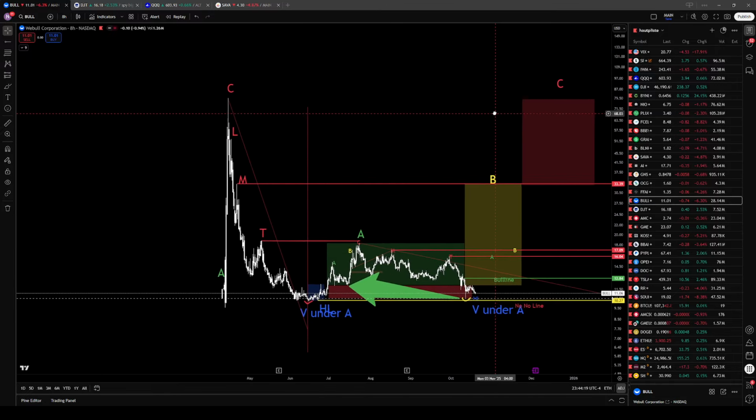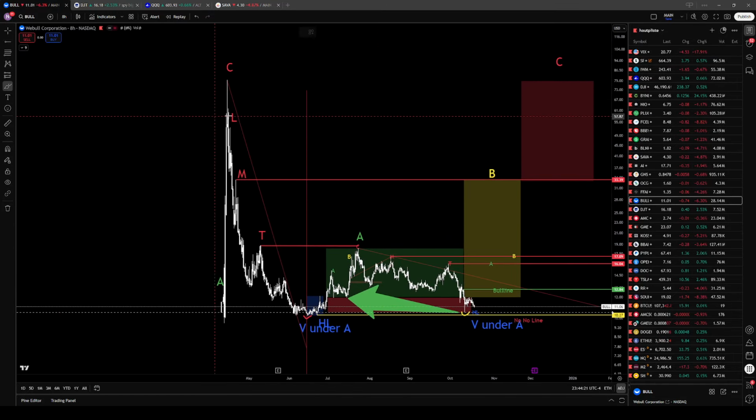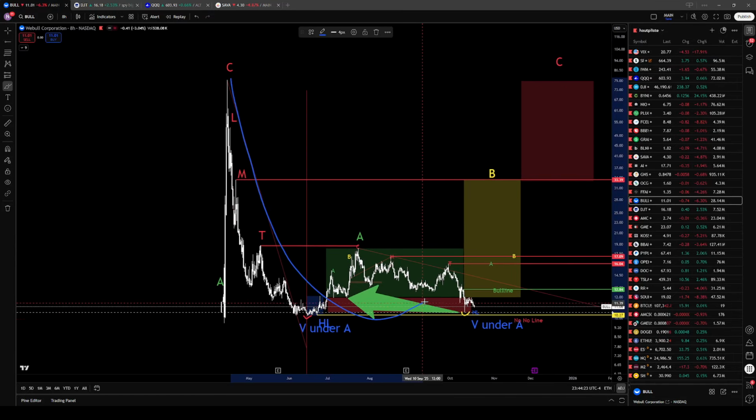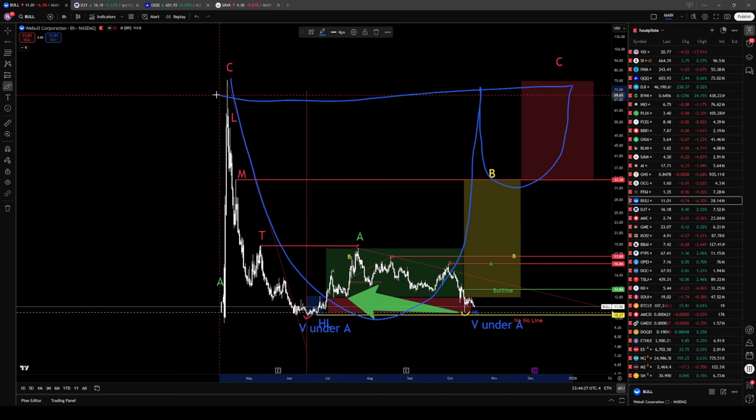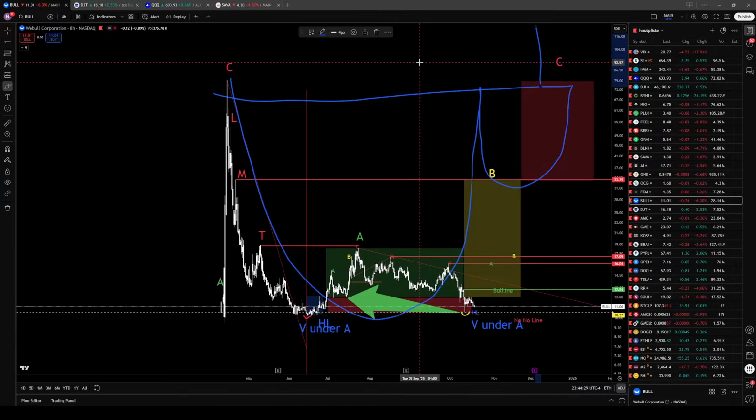And that would be nothing else than cup, handle, and go. The cup and handle will take some time. I would think something mid or end of next year. But we are looking at the B right now.